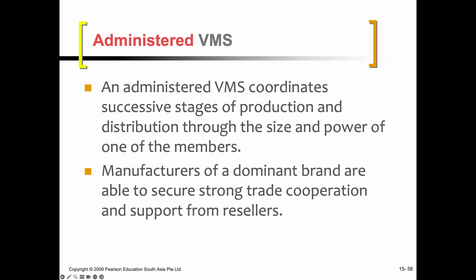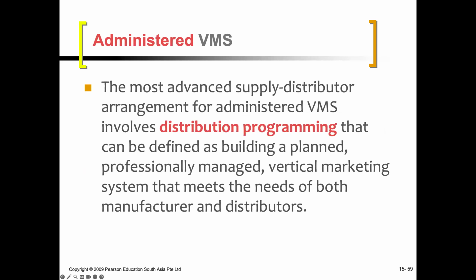Manufacturers of a dominant brand are able to secure strong trade cooperation and support from the sellers. The most advanced supplier-distributor arrangement for an administered vertical marketing system involves distribution programming, which can be defined as building a planned, professionally managed vertical marketing system that meets the needs of the market, the distributors, and the manufacturer.